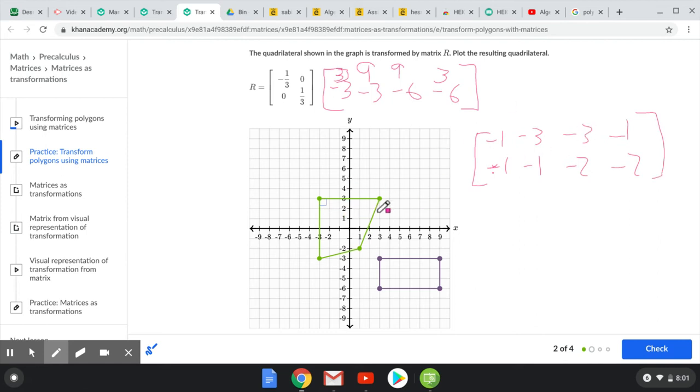So I can start plotting these. So I'm going to move these until I get them into their correct points. So I have my first point here is negative 1, negative 1. So I'm going to move, oops, I forgot to change back to the mouse. That would help. I'm going to move this to negative 1, negative 1. And then negative 3, negative 1.